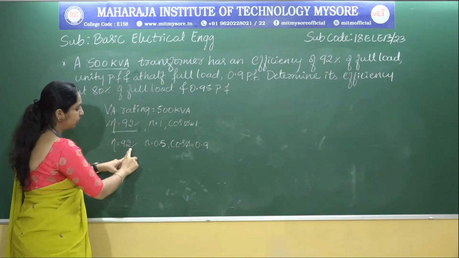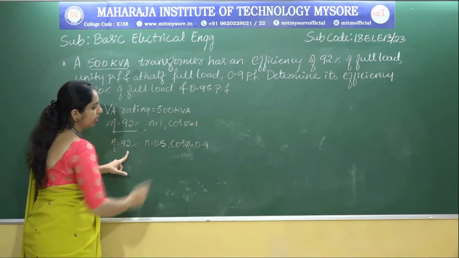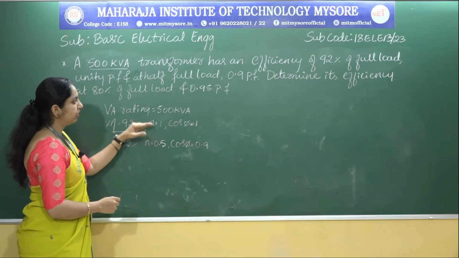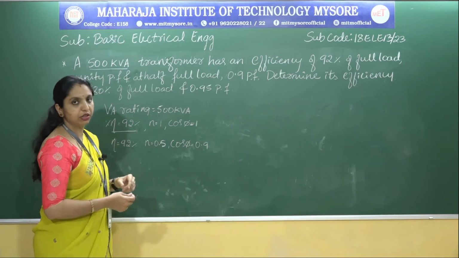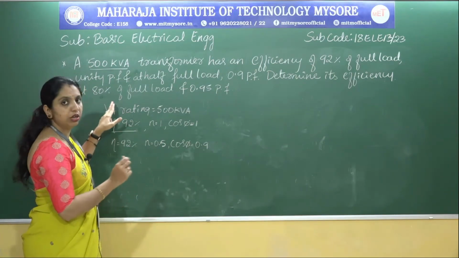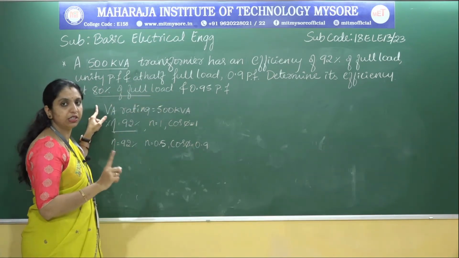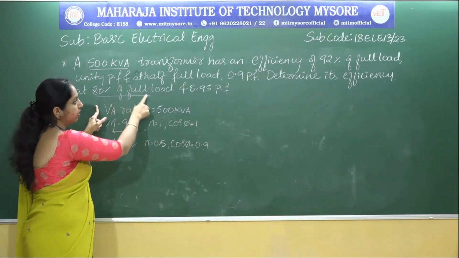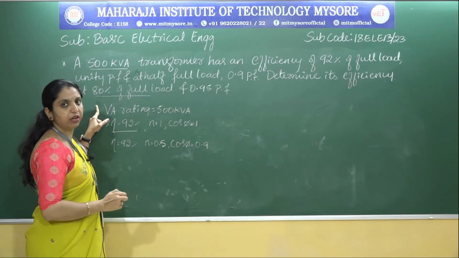That means the same value should be written for the half full load, with power factor 0.9, right? Now they have given only these two values, and in the next case we need to determine the efficiency at 80% of full load and 0.95 power factor.